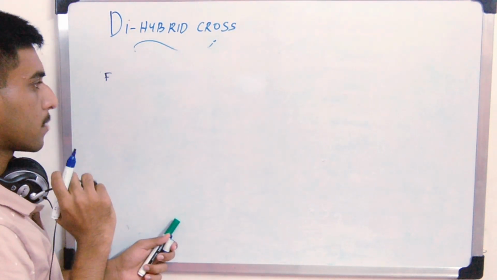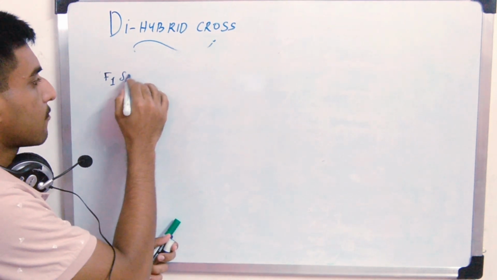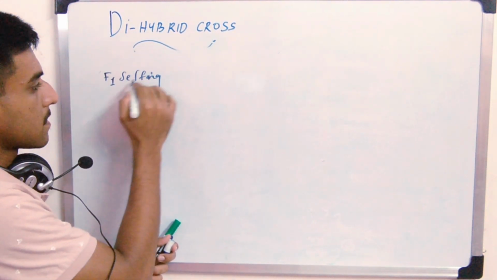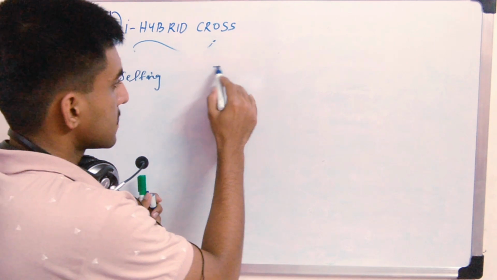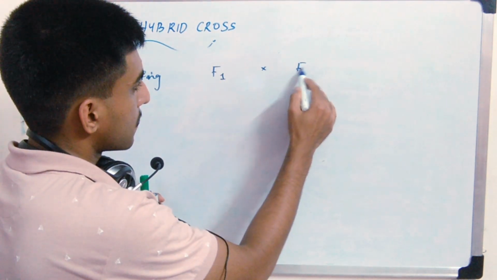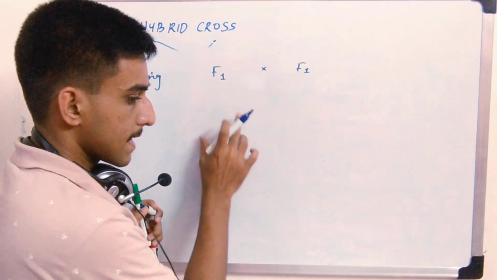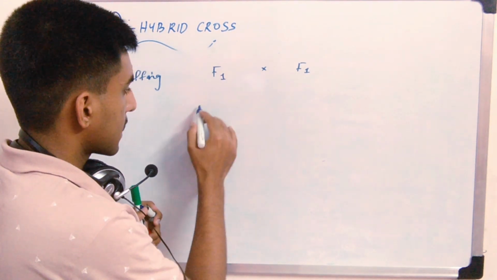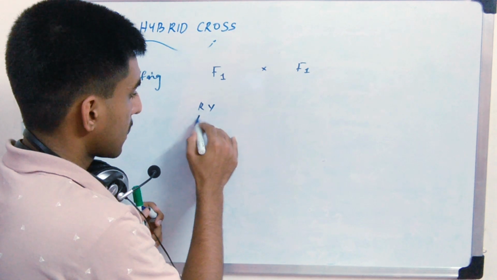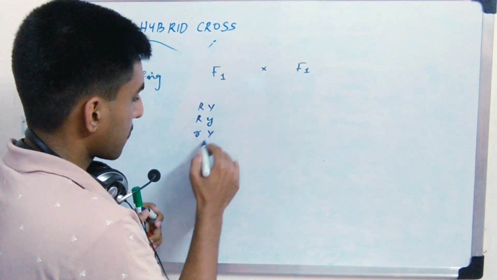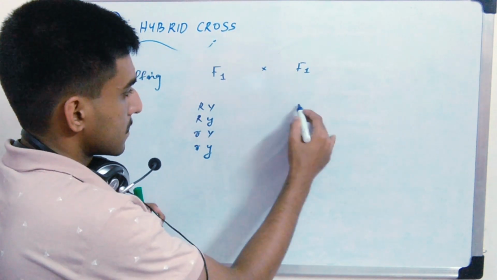We will get F2 by selfing F1. So F1 selfing, which means F1 into F1. I mentioned that 4 types of gametes will be formed. What are the types of gametes? Capital R capital Y, capital R small y, small r capital Y, and small r small y in parent 1.